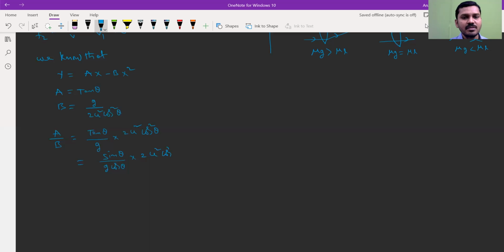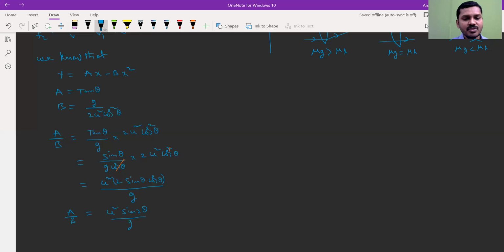Here we can cancel one cos, and after cancelling, in the numerator we have u² 2 sin theta cos theta, divided by g. But we know 2 sin theta cos theta is sin 2 theta. Then we can write u² sin 2 theta divided by the acceleration due to gravity g, which is equal to a/b.